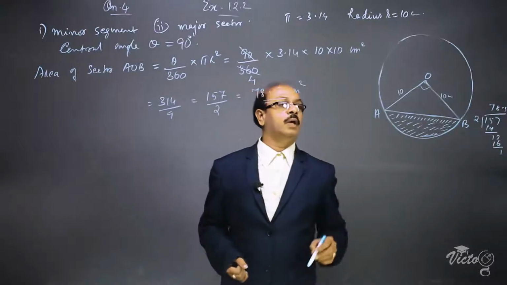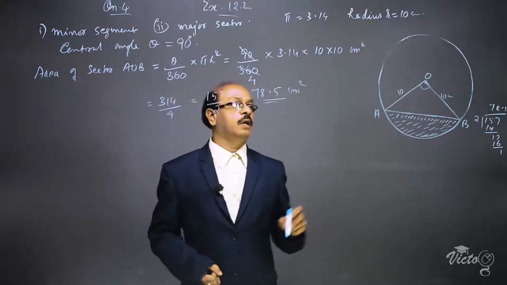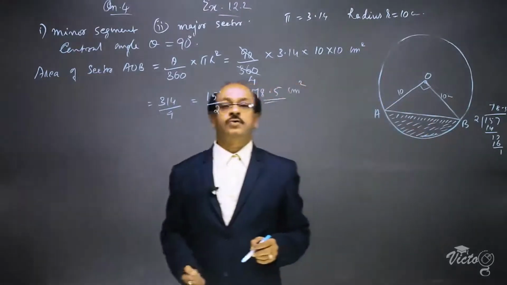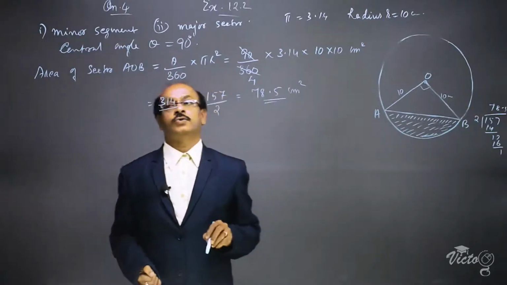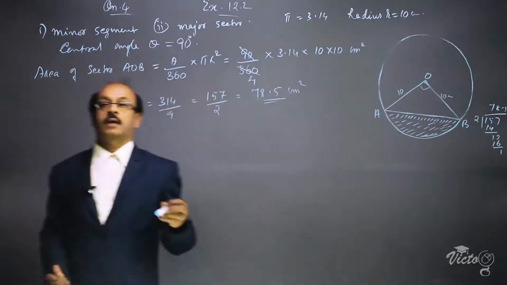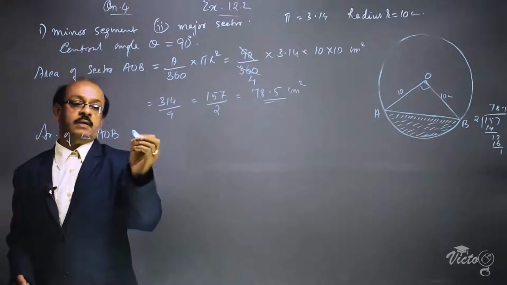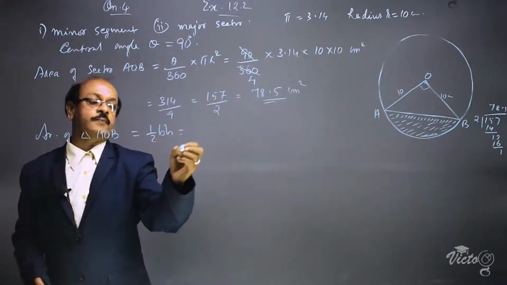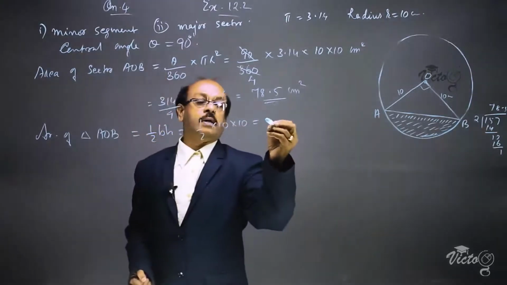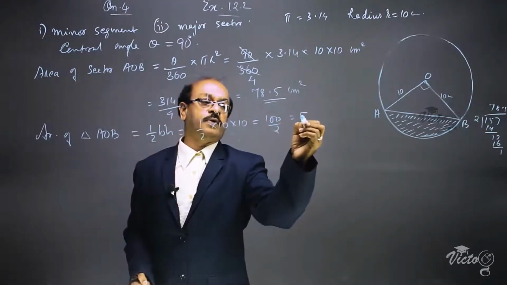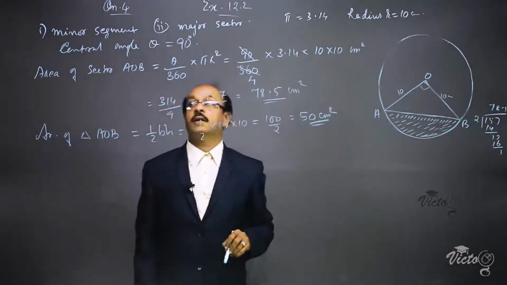Now we have to find out the area of the triangle. Since it is a right triangle, we can use the formula half b h, taking the two sides excluding the hypotenuse as base and altitude. Area of triangle AOB is equal to half b h, which is half into 10 into 10, equal to 100 by 2, which is 50 centimeters square. Now subtracting this 50 from 78.5, we get the first part.